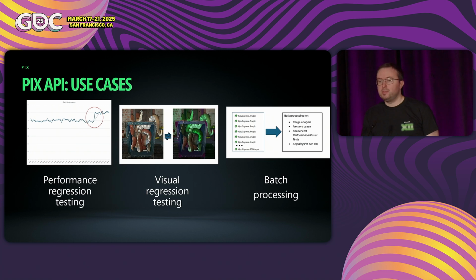So we see three main use cases for using the PIX API, and the first would be around performance regression testing. It's not unusual today for developers to have their build machines build the game overnight, and then not just build it, but actually run it. You know, drive the car around the world, run around the world, go in and out of every level, and capture performance information as you go.